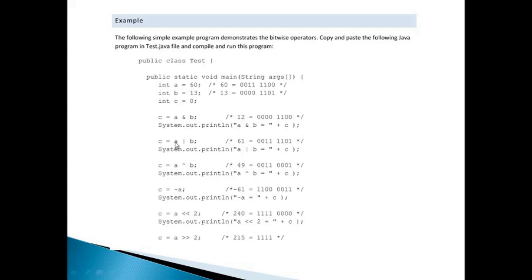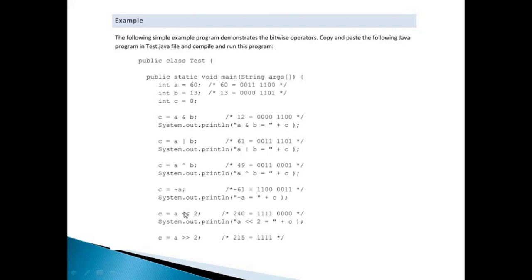Similarly, A or B will result into 61. A XOR B, this caret is the symbol that is used for XORing. So A XOR B will result into 49, and the negation of a particular variable like A will result into minus 61. This left shift of 2 for A's value, where A is 60.